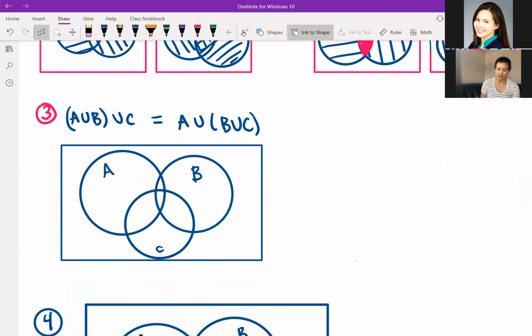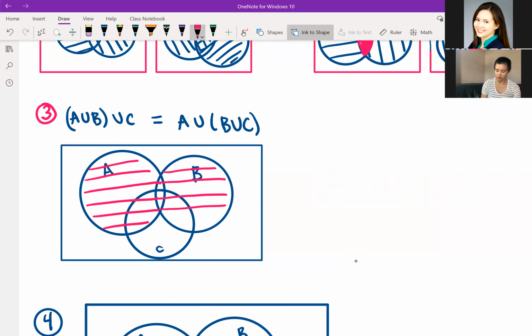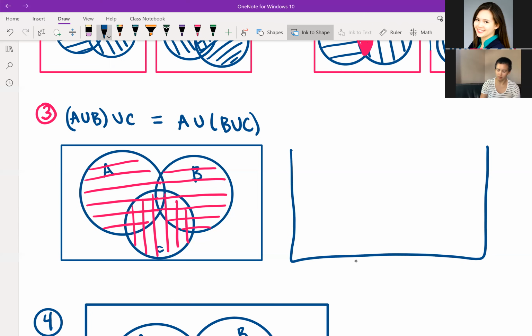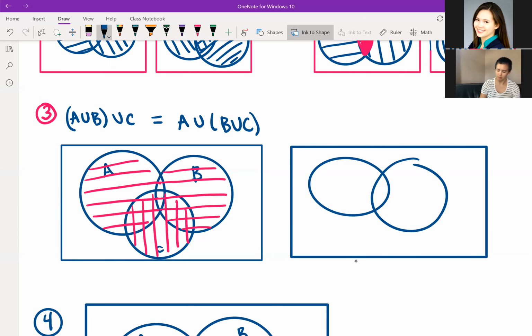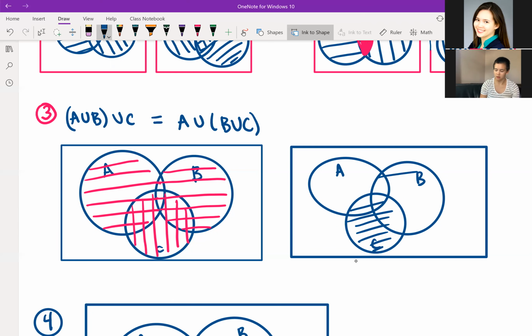All right, next up, let's look at this next property. So let's draw A union B, union C. So here's A union B. So we just shade in everything that's in A, everything that's in B. And now let's add in C so that we have A union B, union C. So we can see here's A union B union C, and if we drew the same thing, but first looked at B union C, then we'd have here's B union C, and here would be A union B union C. So we'd have the exact same thing.